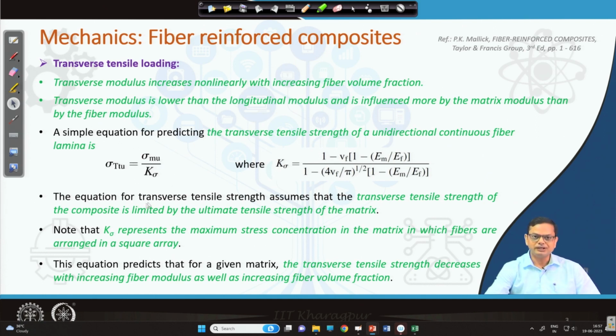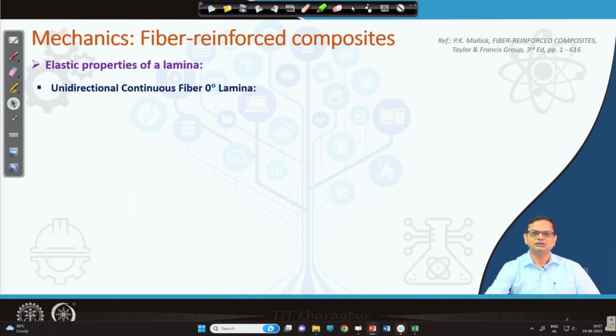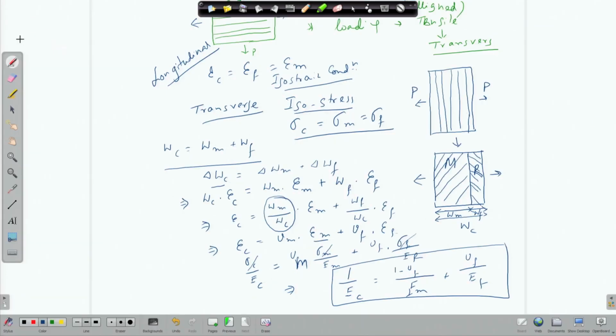Now let us see some particular cases where we have unidirectional continuous fiber and a 0 degree lamina. What do we mean by that actually? Let me go to the board now, and let me go to the next page.